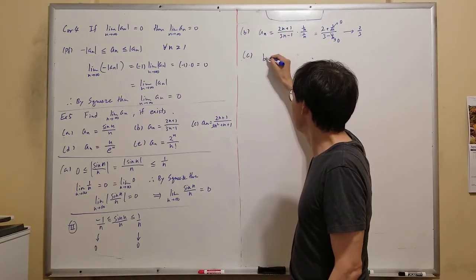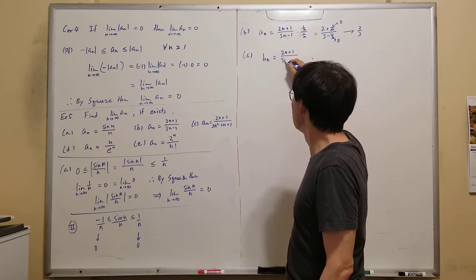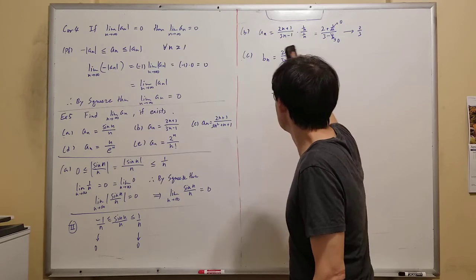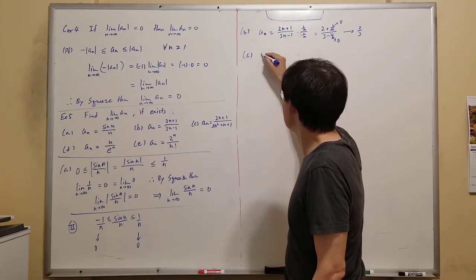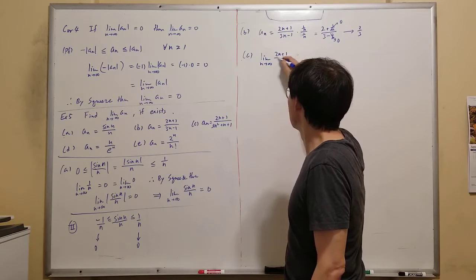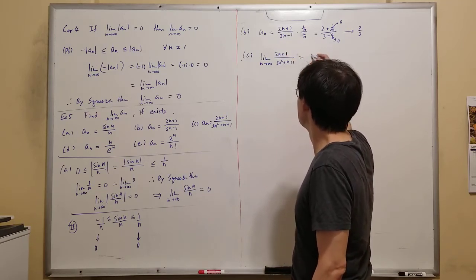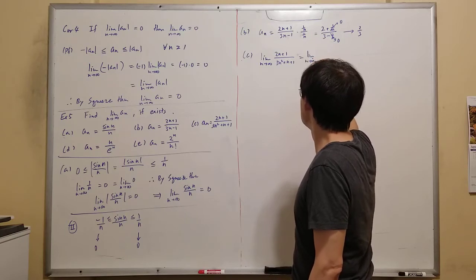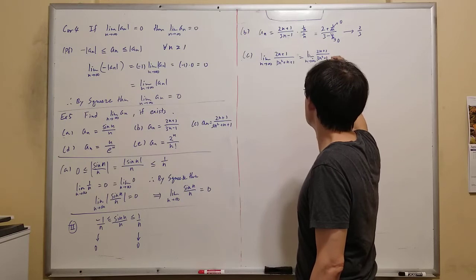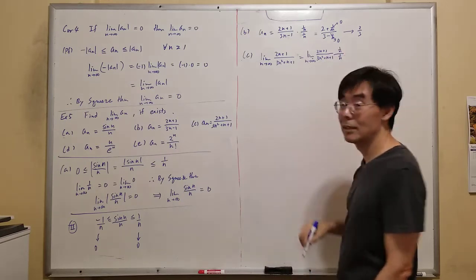C. What about this one? The limit as n goes to infinity of 2n plus 1 over 3n squared plus n plus 1. Again, I'm trying to write down every single step here.